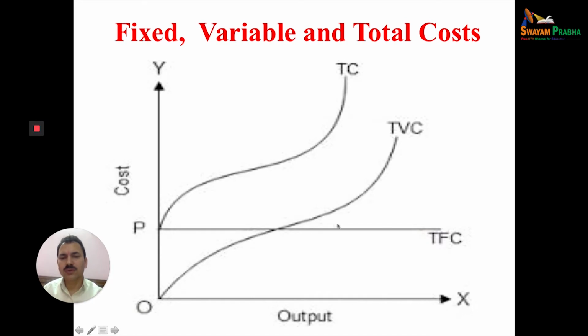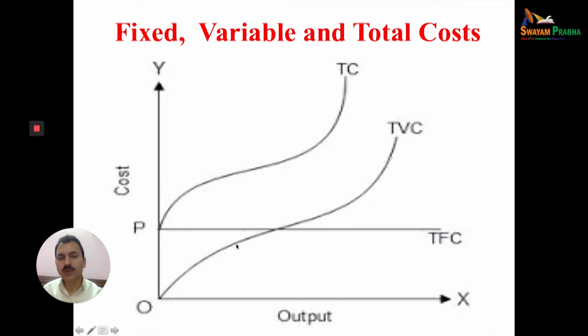Whether you are producing this amount, or this much, or this much, the fixed cost remains unchanged. There is no change with the increase of output. This is called fixed cost.